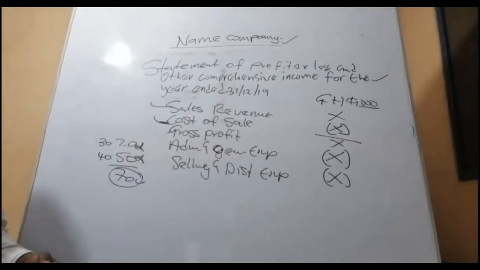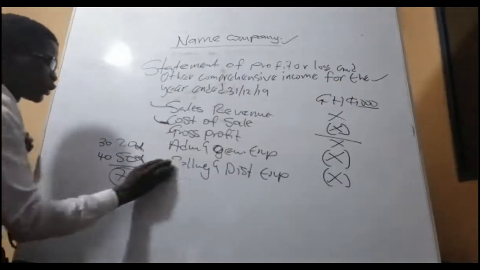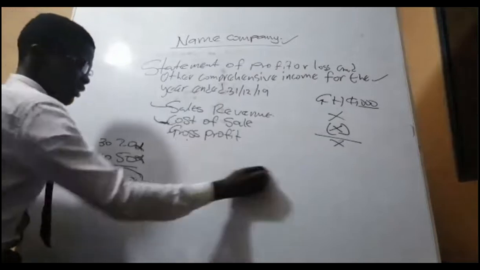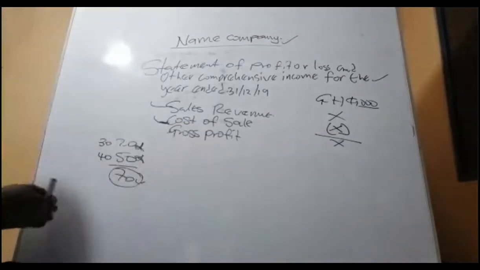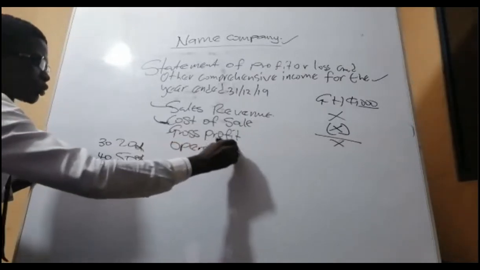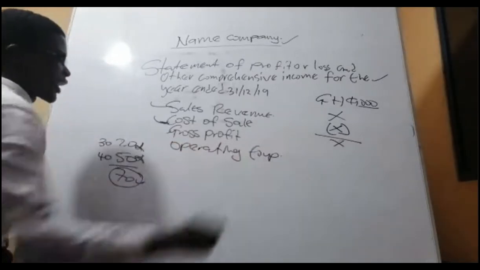So it means that we are going to take an insurance cover and call it operating expenses.